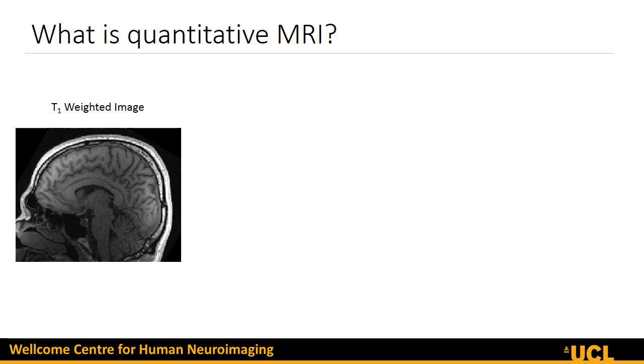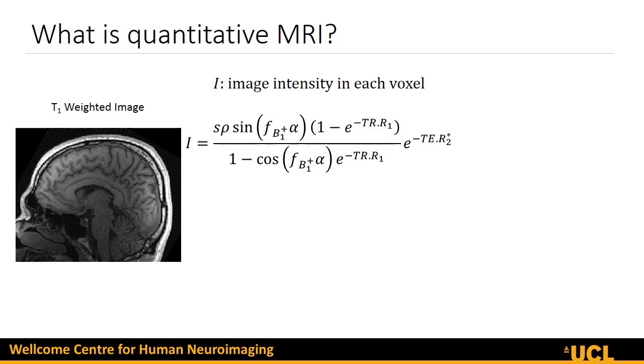With some assumptions, we can write down the image intensity at a given voxel. This shows that the grayscale value in each voxel is dictated by multiple factors.